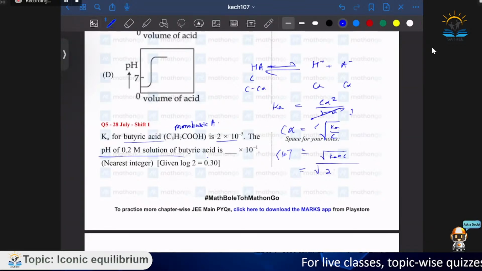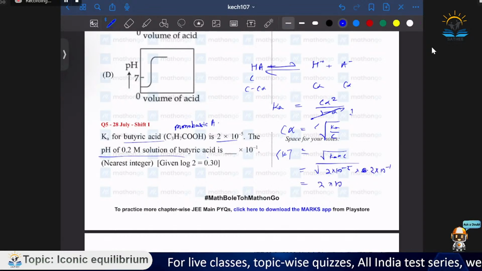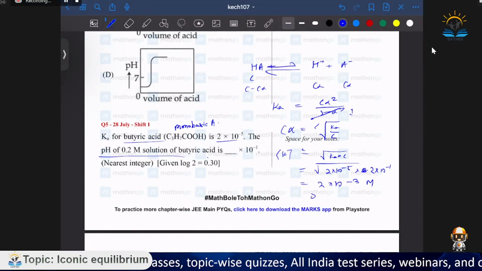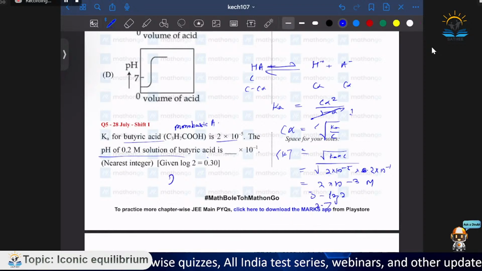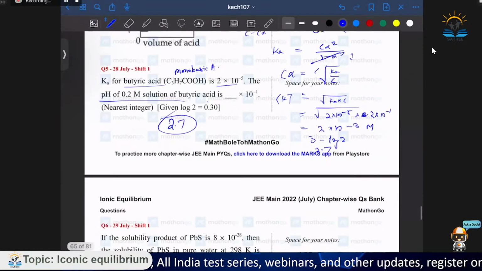Ka is 2 into 10 to the power minus 5. Concentration is 0.2, or 2 into 10 to the power minus 1. This gives us 2 into 10 to the power minus 3 molar. So pH is 3 minus log 2, that is 2.7. This is going to be the pH.